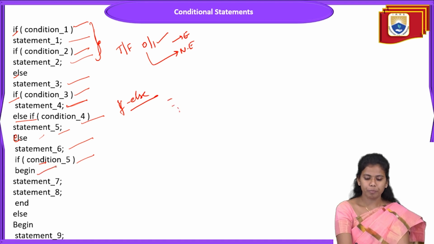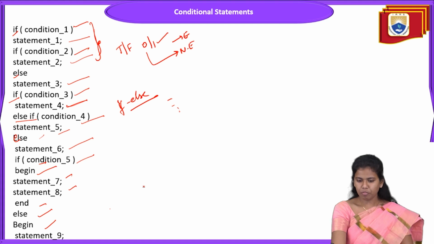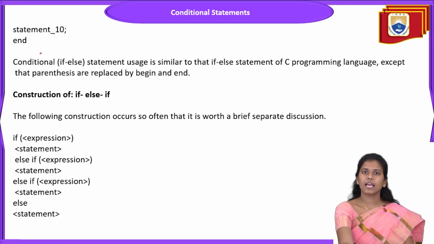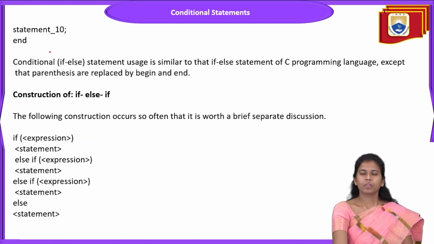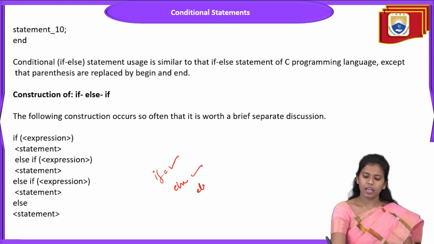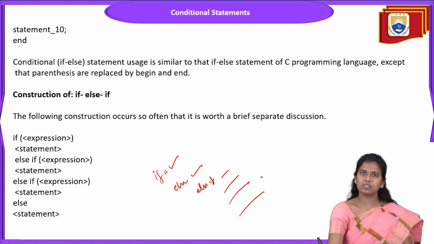So begin statement 7, 8 and end, the statement else, begin again with statement 9 and then end. We evaluate all the statements as per the conditions. If the condition is possible, then it's well and fine. Otherwise, we go with the else and then else if, and likewise it continues.